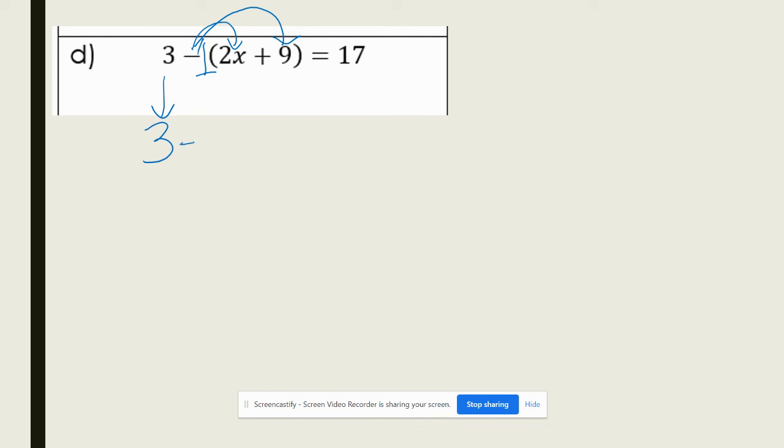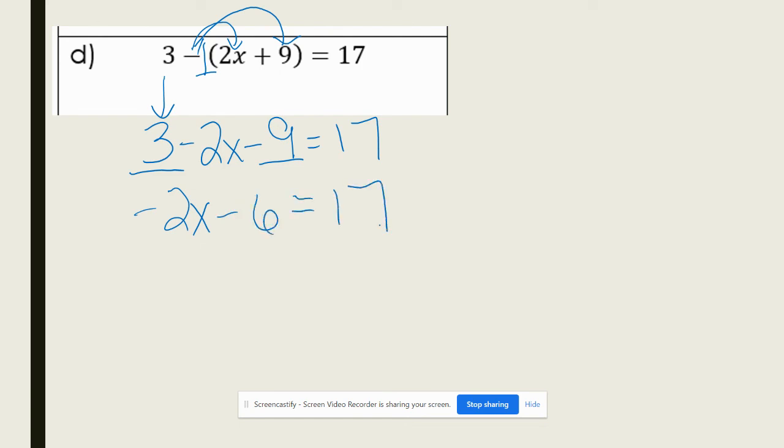Negative 1 times 2x is negative 2x. Negative 1 times positive 9 is negative 9. We do have these two like terms on the same side. So we're not touching that negative 2x. 3 minus 9 is negative 6.